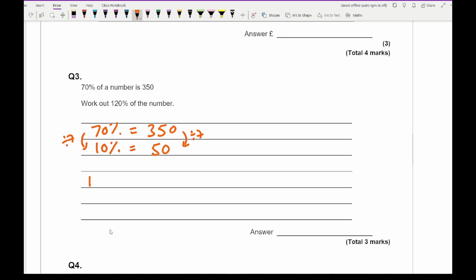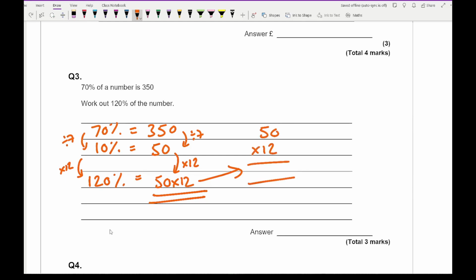And then from this, what I want to work out is 120%. So I multiply this number by 12. So I do the same to 50. So that's going to be 50 times 12. Work that out in any way you want to do. So if you want to use the grid method or the column method, it's entirely up to you, but you should get an answer of 600.